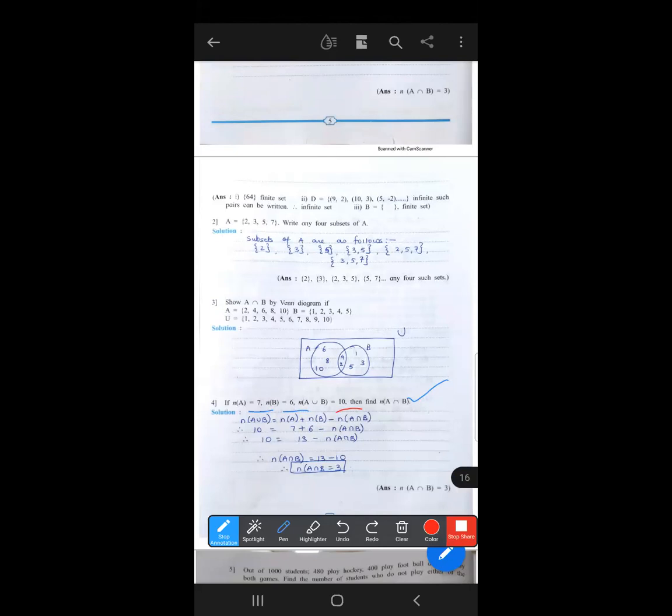Now here also you need to follow the BODMAS rule. So 7 plus 6, that is 13, minus n of A intersection B. So this plus 10, it will come this side, it will become minus. So 13 minus 10, it will be 3. And here you can see at the last they have given the answer, that is the intersection of the set A and B is how much?